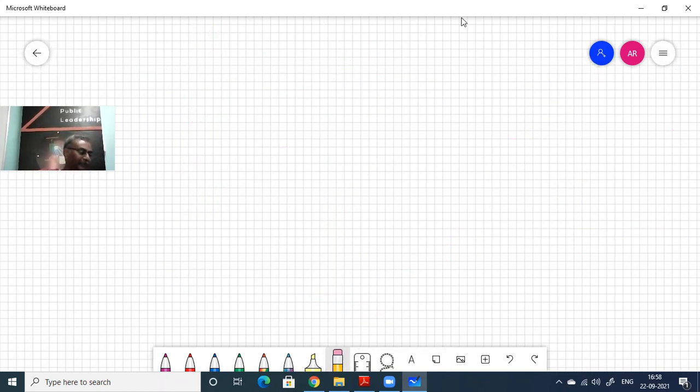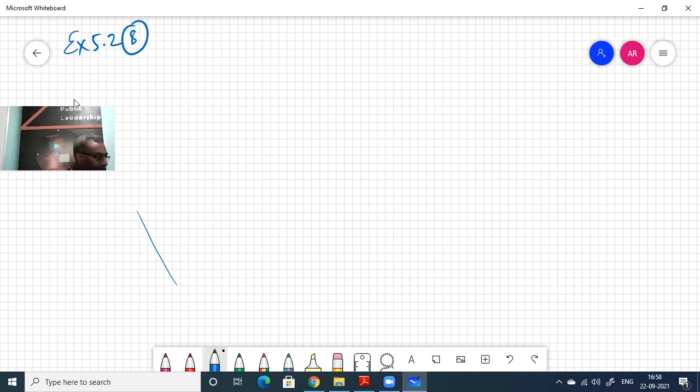This is exercise 5.2. Eight sum. Okay. The abscissa of a point is equal to its ordinate. That means x is equal to y.